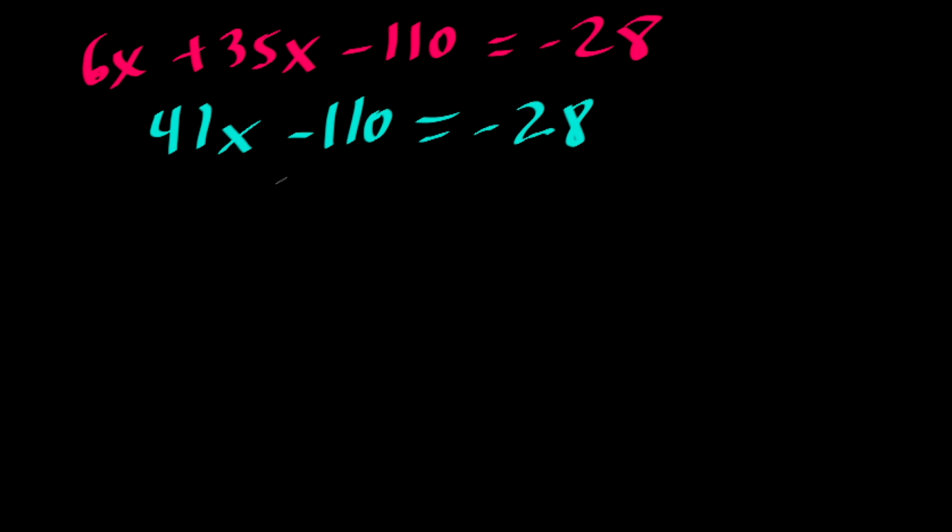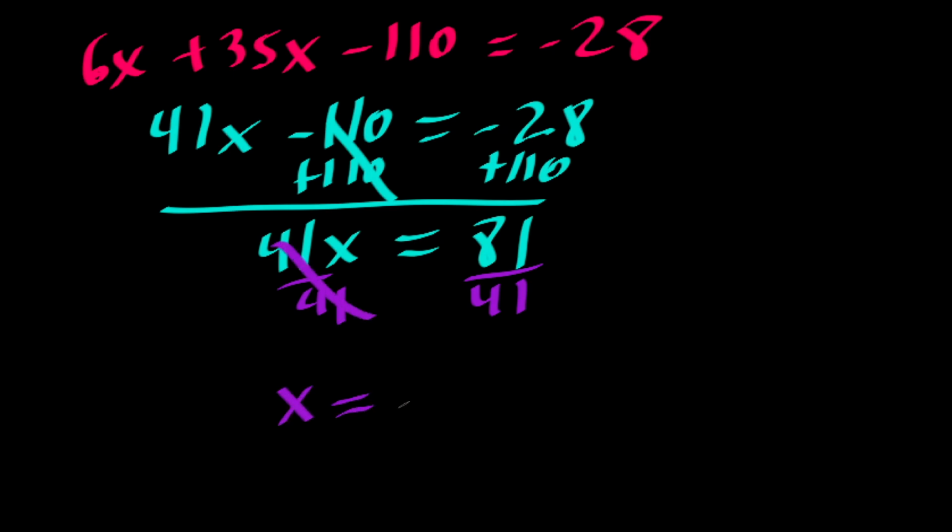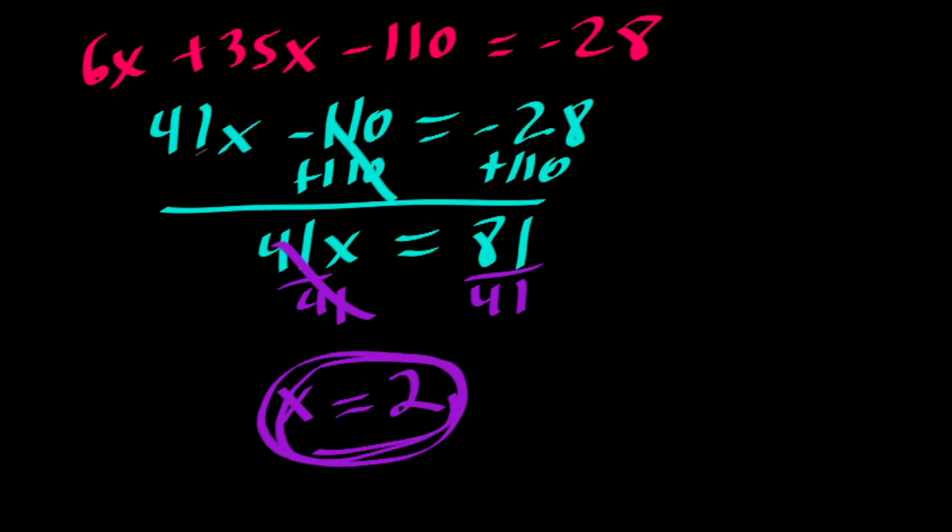Then we're going to add 110 to both sides. I believe that gives us 82. So 41x equals 82. Final step is just to divide by 41 on both sides. So x equals 2. So now we know that our x value is 2.